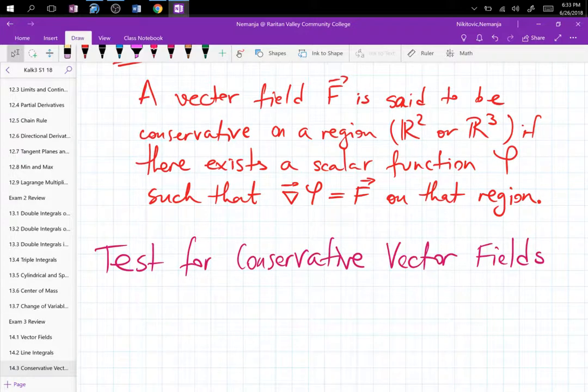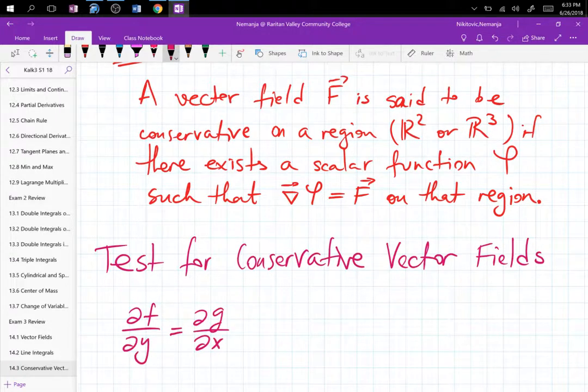All right, so we have partial f, partial y, right? So partial f, partial y is partial g, partial x. Partial f, partial y is equal to partial g, partial x. So then we have partial f, partial z needs to be partial h, partial x.